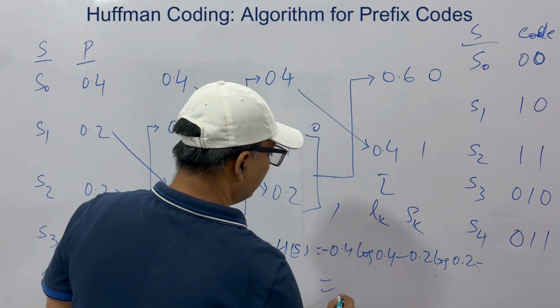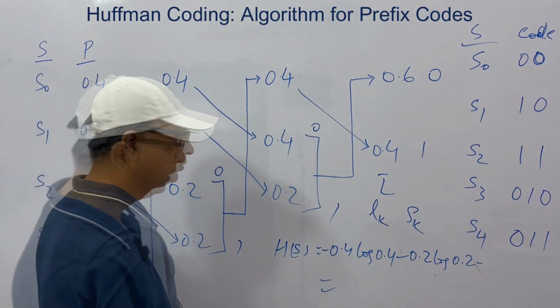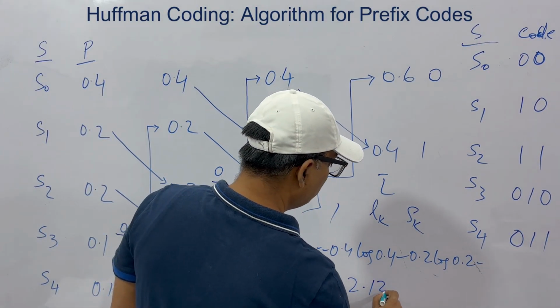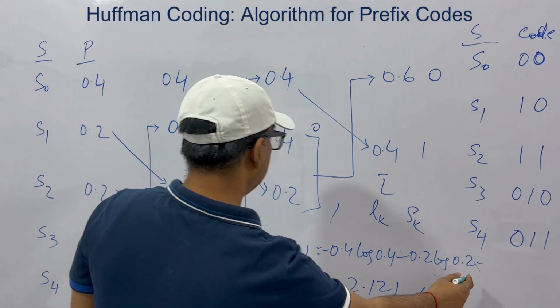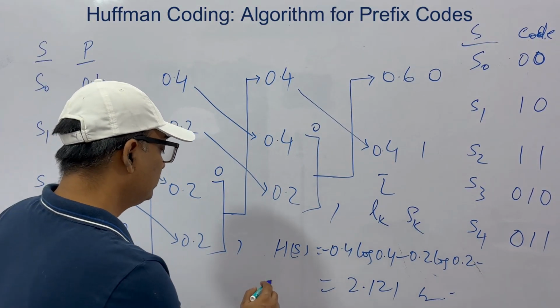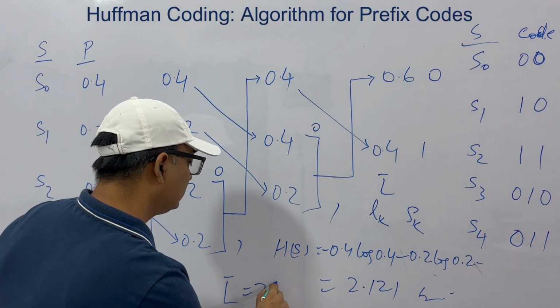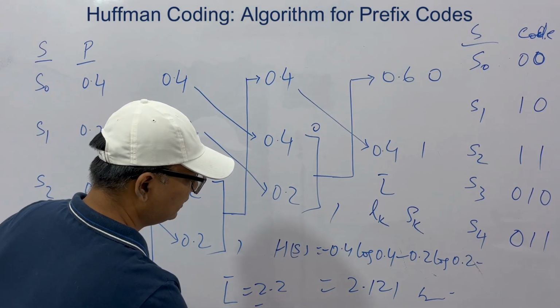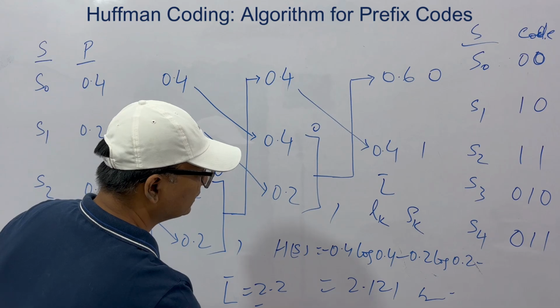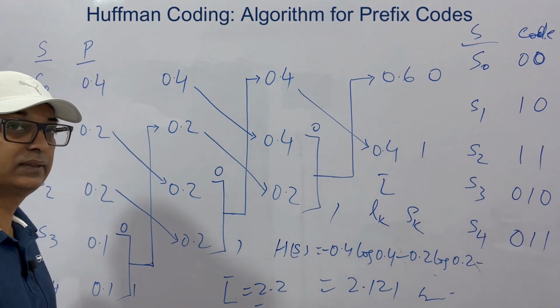If you add them all, this comes to 2.121 binary information bits. So from here also, what you saw is that L, that is 2.2, is greater than or equal to HS. So this condition is satisfied here.